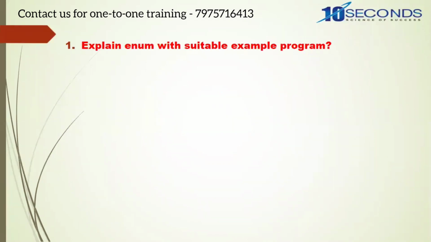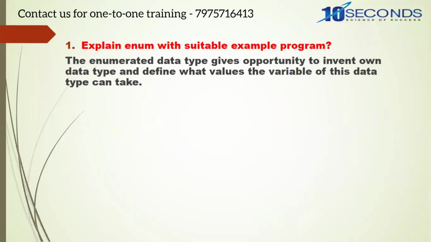Now, the first question is, explain enum with suitable example. Okay, so enum allows us to create our own data type. For example, enum marital status. Here, marital status is a new data type.